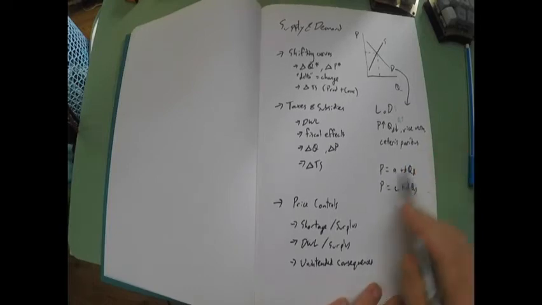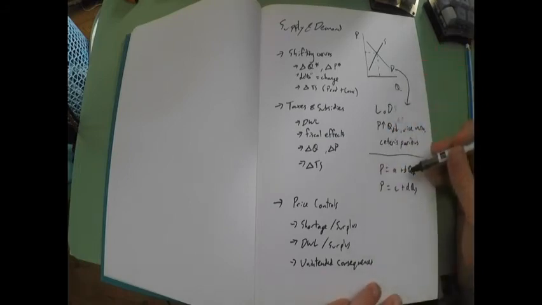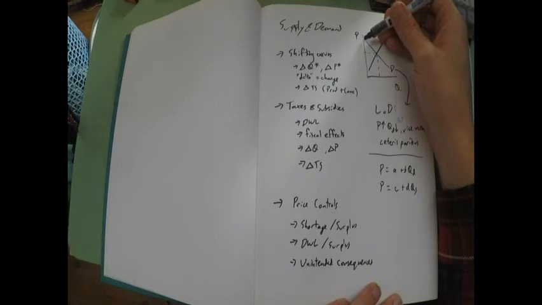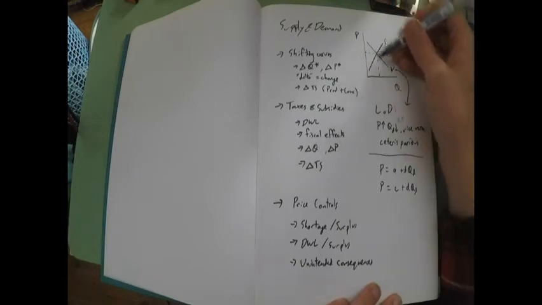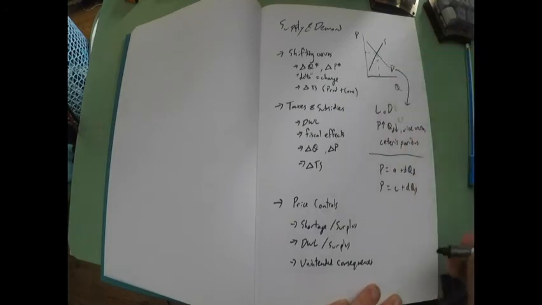That's one way we could set this up. So in this case, we would think of our demand curve. A would be up here, our price intercept, and then B would be a negative value giving us this slope. D would be the slope of S, and C would be the price intercept there.